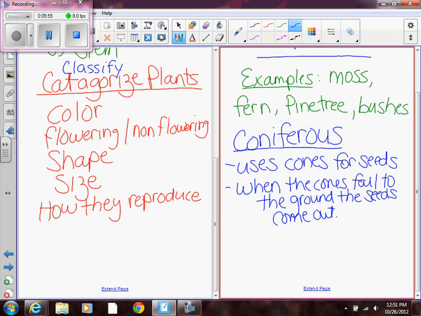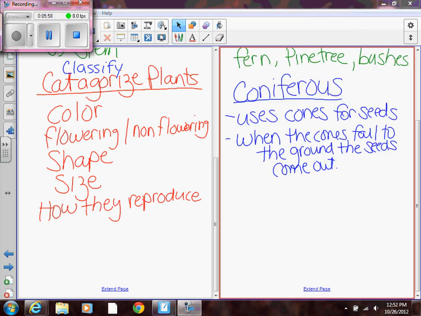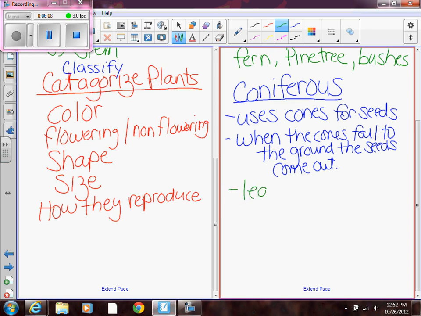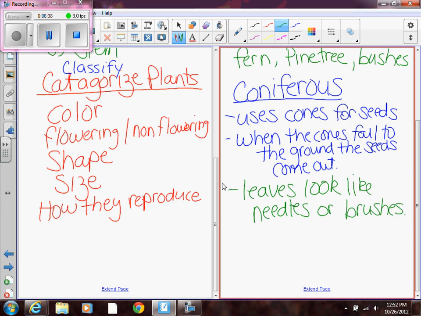Alright, so what do we know? What do the leaves of a conifer tree look like? They look like needles or brushes.